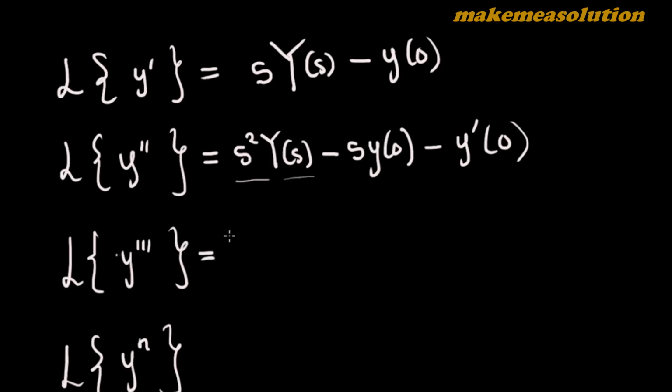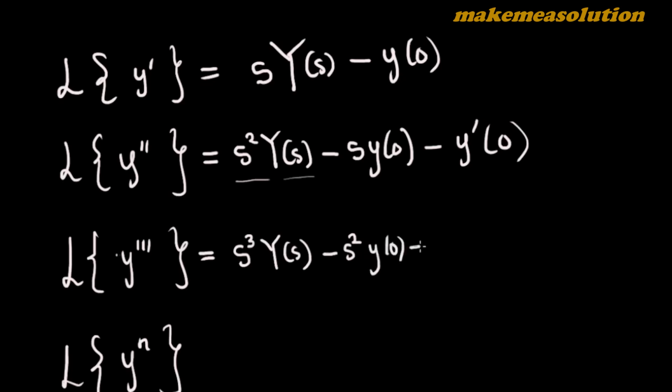You must have already discovered the pattern here. When you take the Laplace transform of this one, you have s cube Y of s. Are you with me? Then minus s square. We'll start with the first initial condition, which is y of 0.